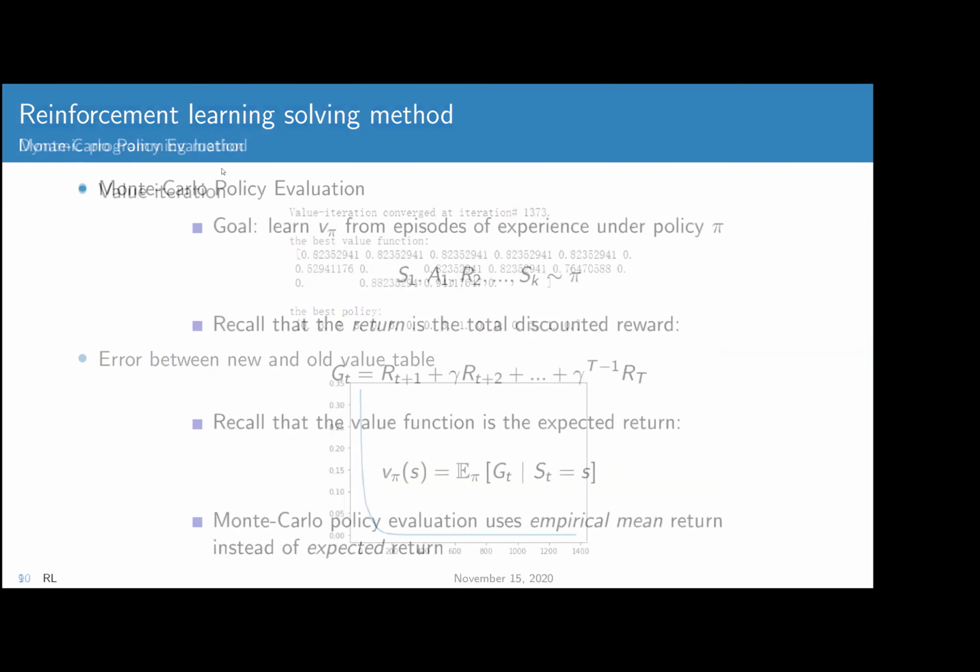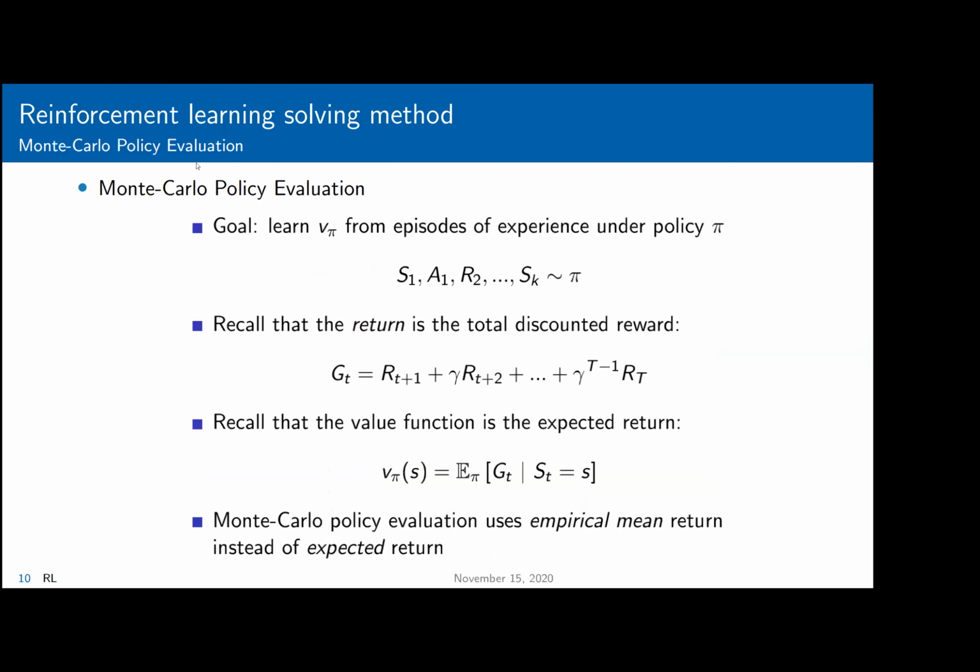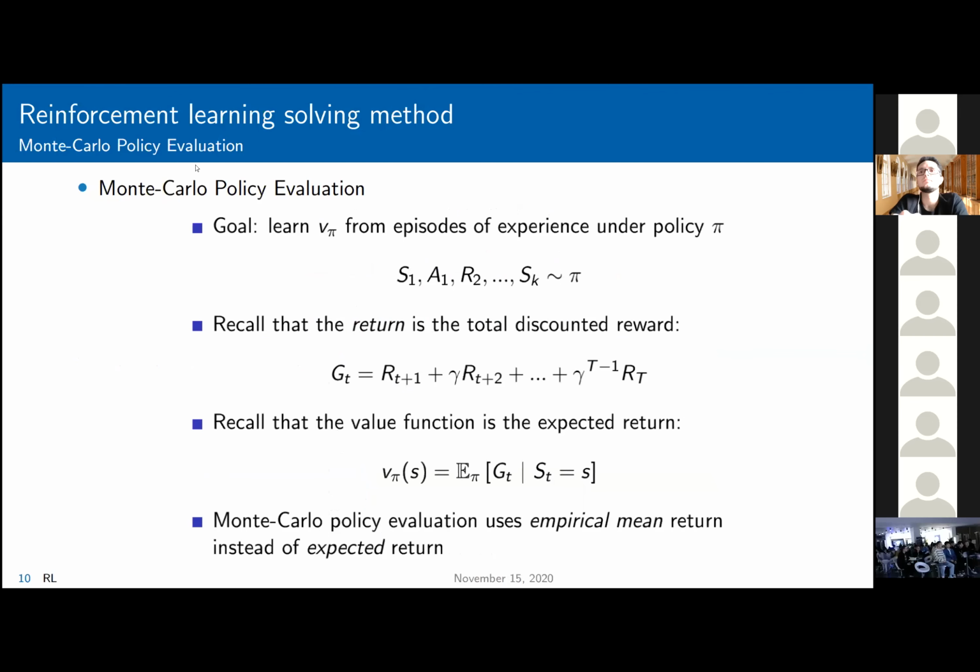Let's talk about Monte Carlo policy evaluation. The Monte Carlo method is also called the statistical simulation method. It uses random numbers or pseudo random numbers to solve calculation problems, different from general dynamic programming algorithms.